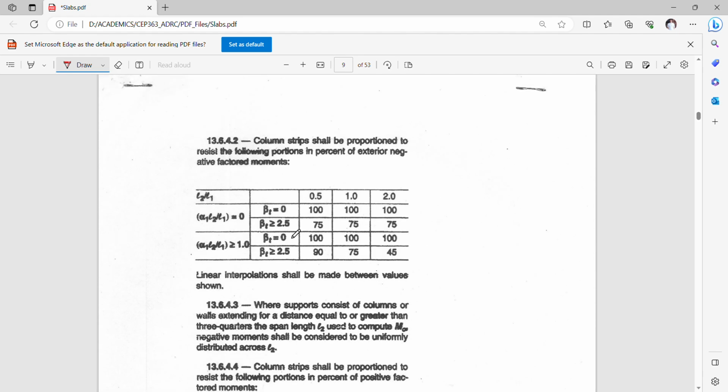And of course, if we are looking into the exterior negative moments, the factored moments at the end span, we are talking of beta. Beta is actually the torsional factor, something to do with torsion.